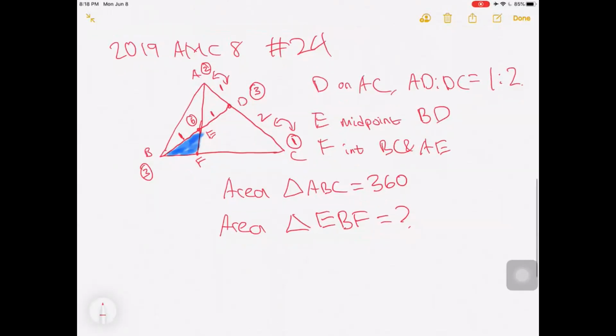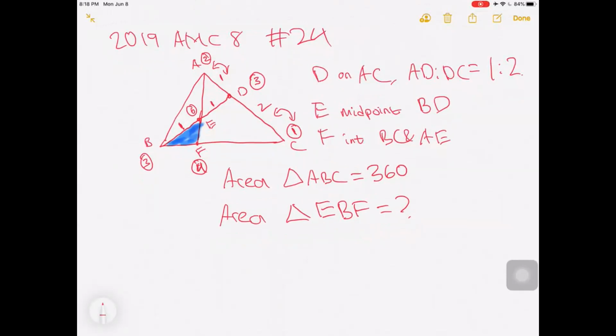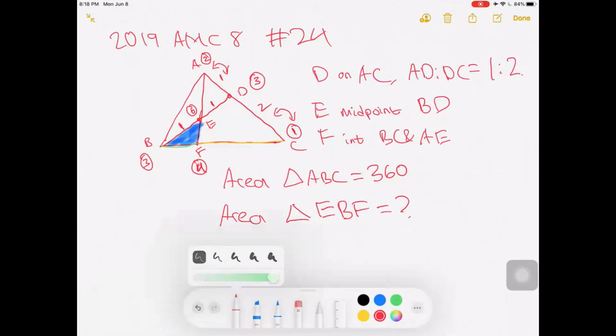And then now we know that F has a mass of 4. We can find this 2 ways. It can be 3 plus 1, or it can be 6 minus 2 on this line. So now we can find some really useful ratios, such that FC divided by FB is going to be 3 to 1 from the corresponding masses.